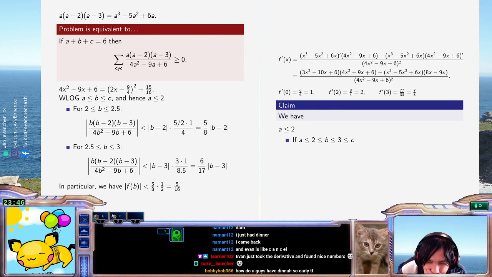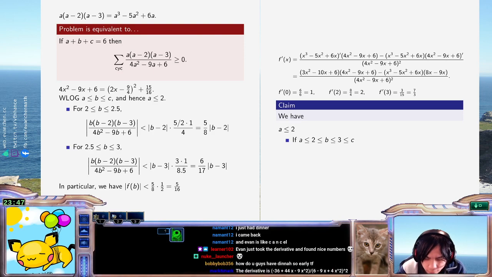Wait, now I think I'm just hallucinating. 4, 12, 18, 8. This is 1/5? It's 1/5. Okay, whatever. So someone please check that I got the derivatives right, because otherwise this is going to be a whole lot of nonsense.